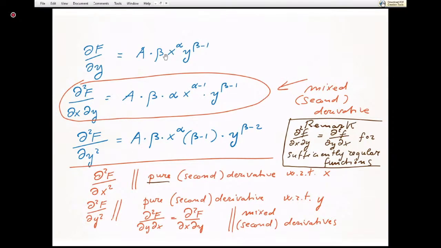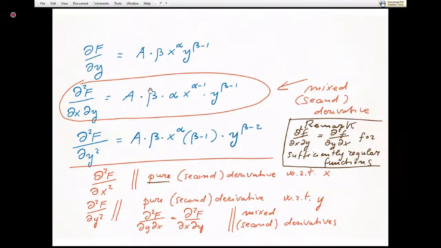If this is clear, this is just an exercise, so I can skip this. I mean, this is the first partial derivative with respect to y, which can be differentiated again partially with respect to x and y. So if I compute d squared f by dx dy, I must compute the derivative of this with respect to x.